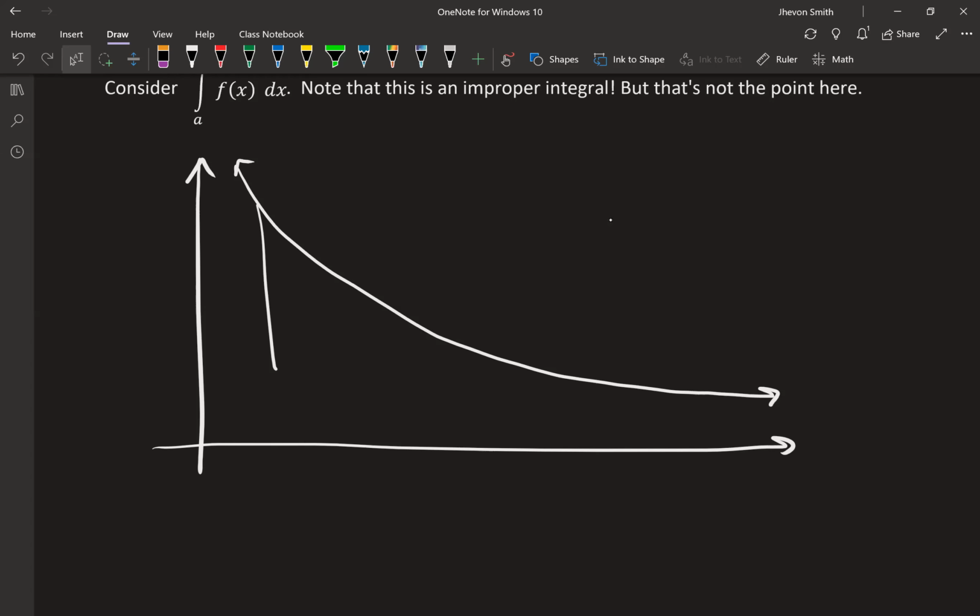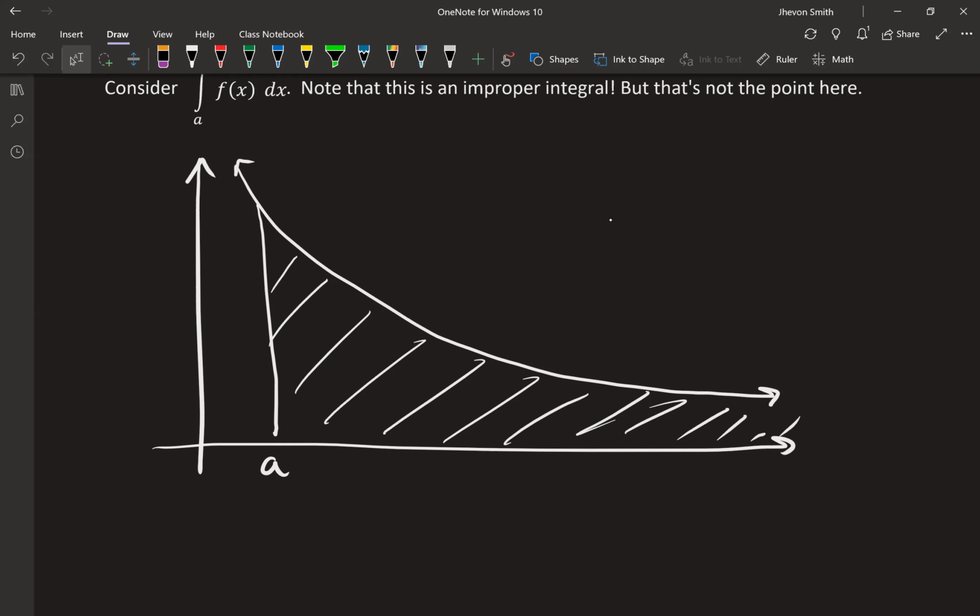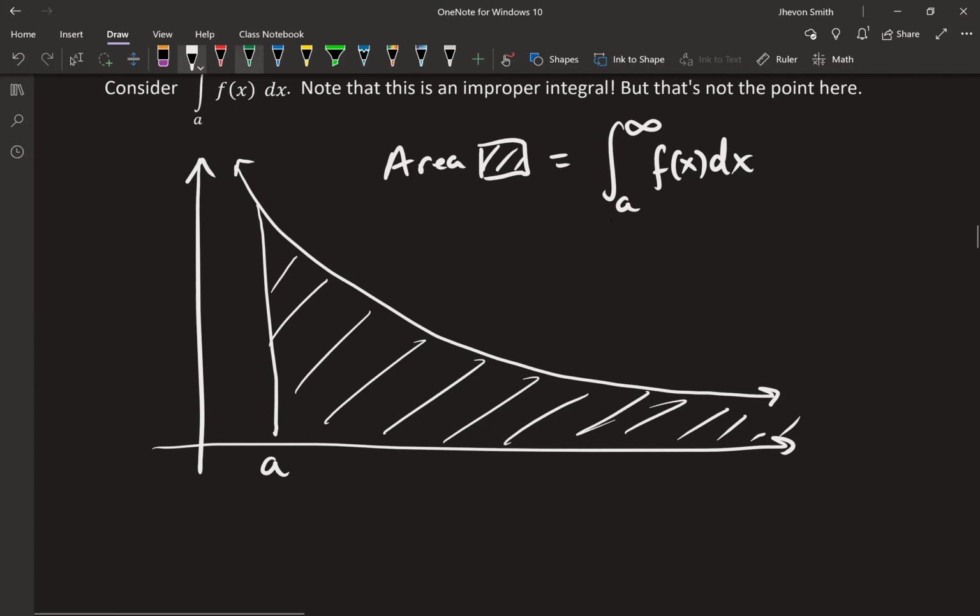So if I look at the area under this curve going on forever, the area is going to be equal to the improper integral of this function. However, the series only works on the integers. It works at a, at a plus 1, at a plus 2. It only works at certain points.